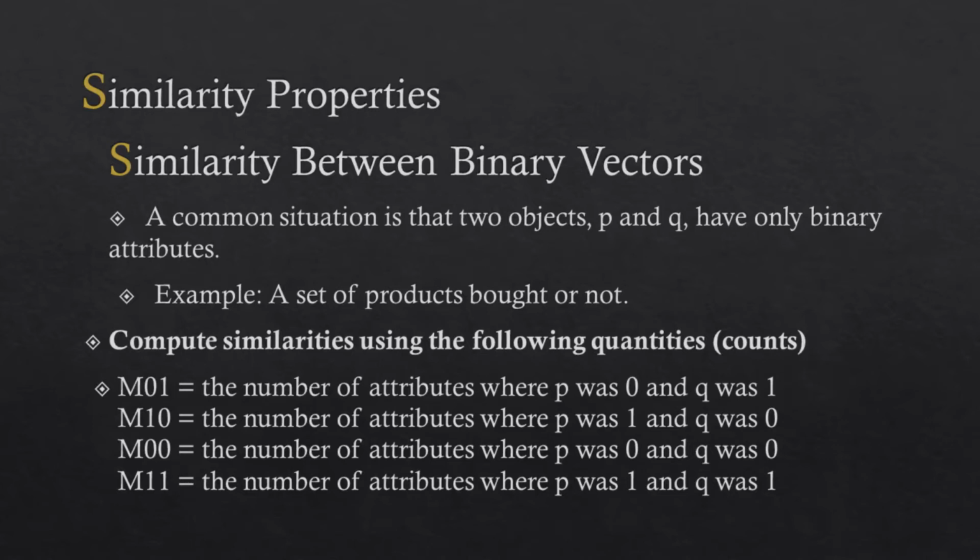It depends on the counts, where F01 represents the number of attributes where P was 0 and Q was 1, and F10 is representing the number of attributes where P was 1 and Q was 0. F00 represents the number of attributes where P was 0 and Q was 0. And F11 is representing the number of attributes where P was 1 and Q was 1.